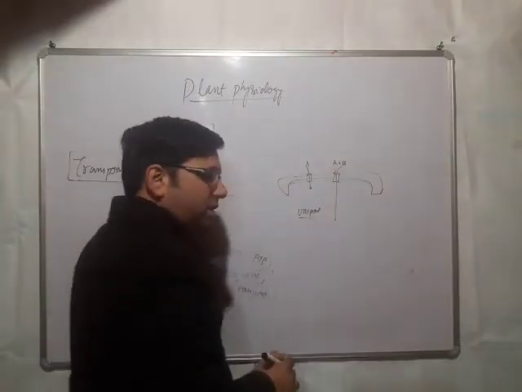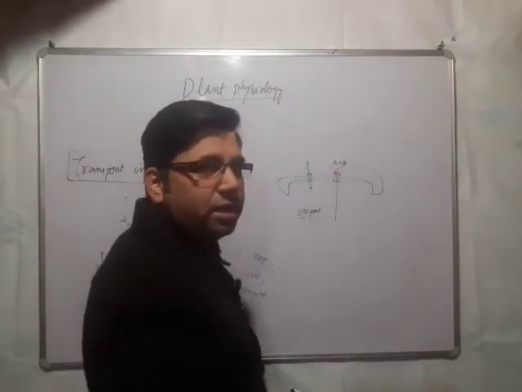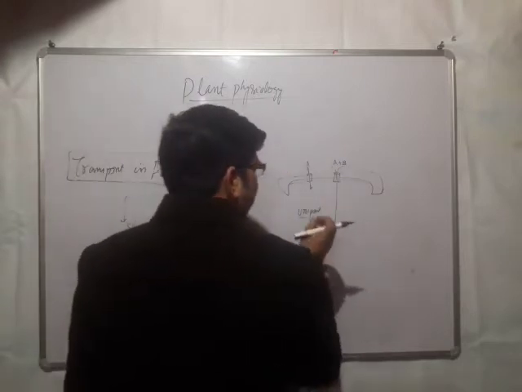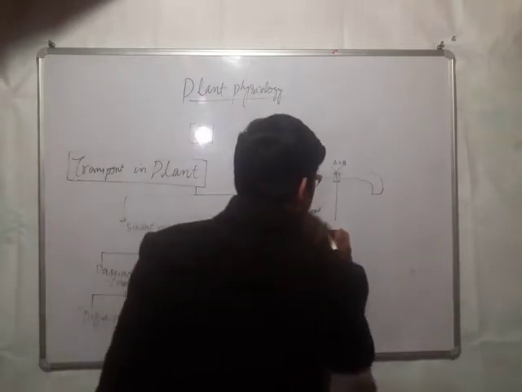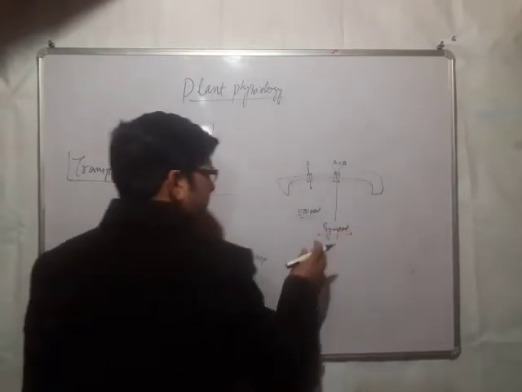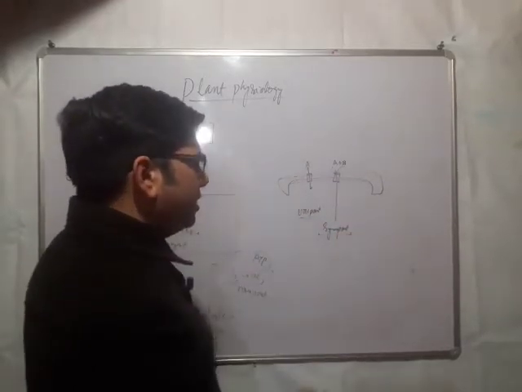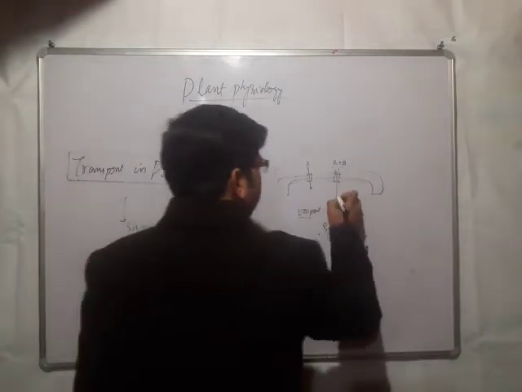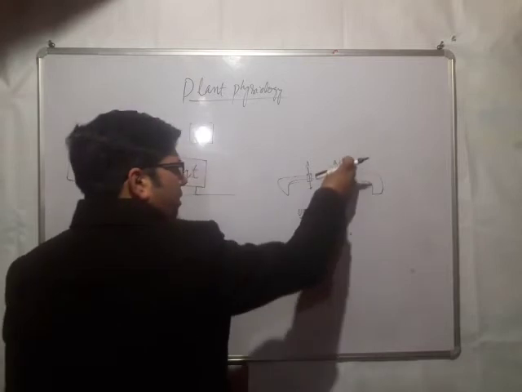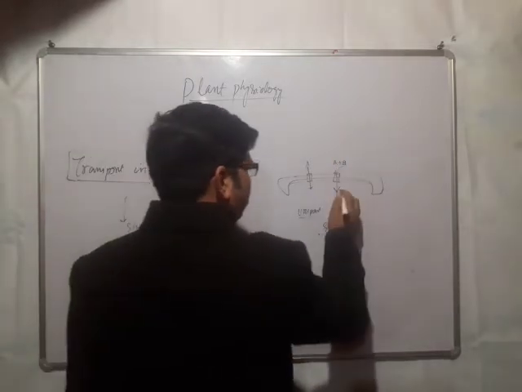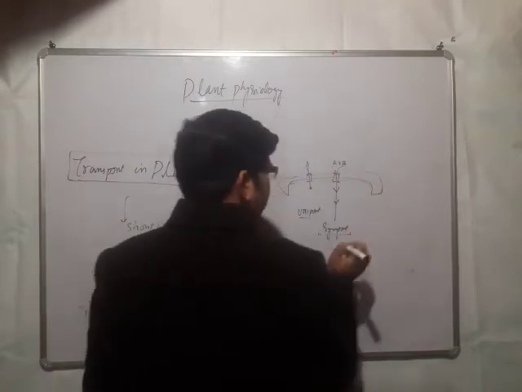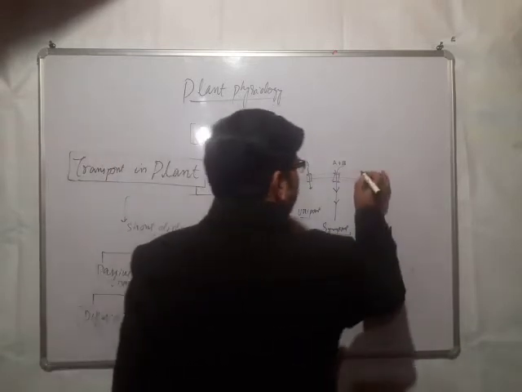A cannot go singly inside, B cannot go singly inside, but both can go inside when they are present together. This is called symport. Symport means they are simply supporting each other in order to enter, and the symport is unidirectional. Both are coming inside or both are going outside, so there is one direction.